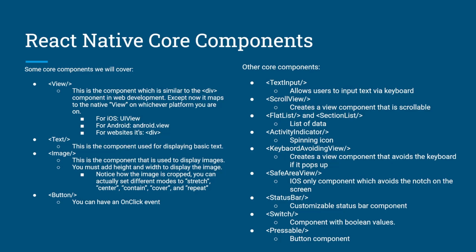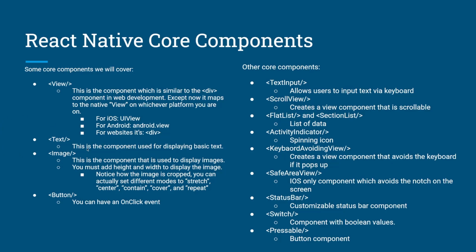On Androids, it's going to be Android.view. For online devices, like on websites and Chromebooks, they're going to be using divs. If you're familiar with divs, these are basically just a structure where you put everything in. They're pretty much containers of where you put your stuff.